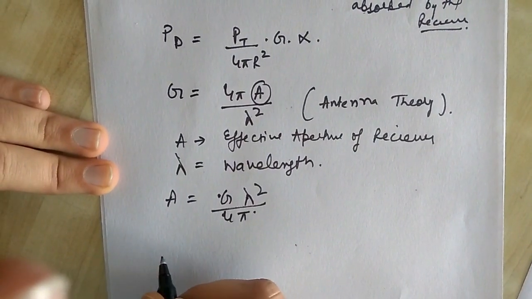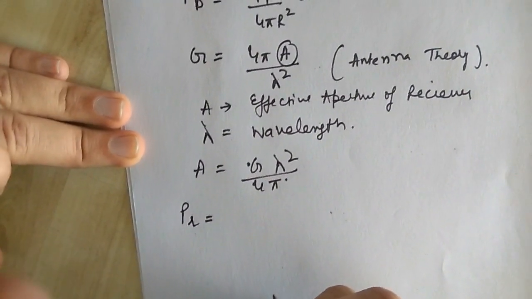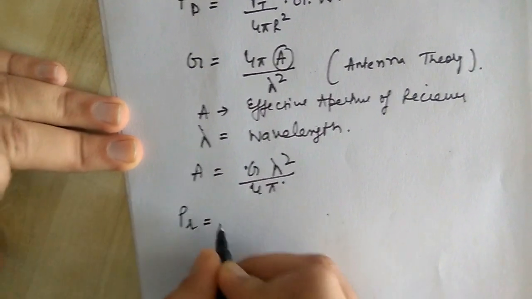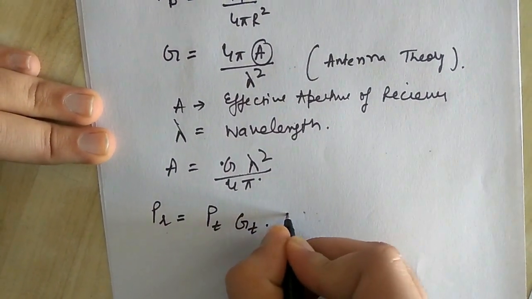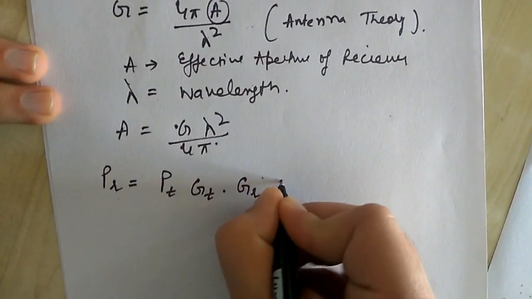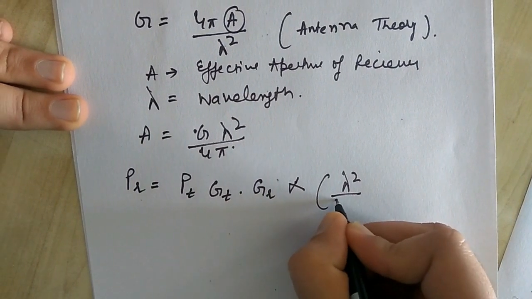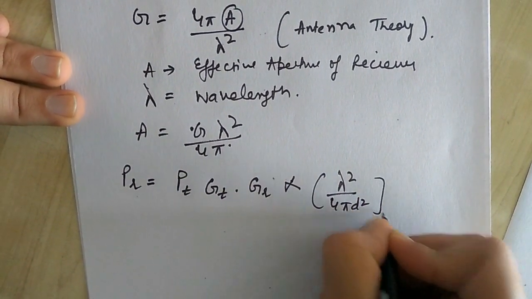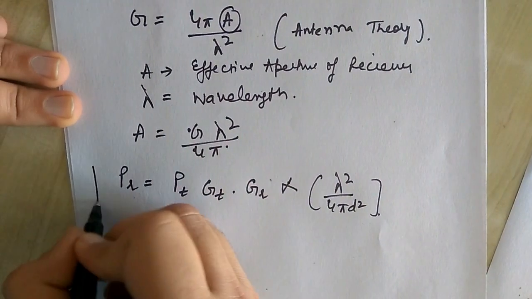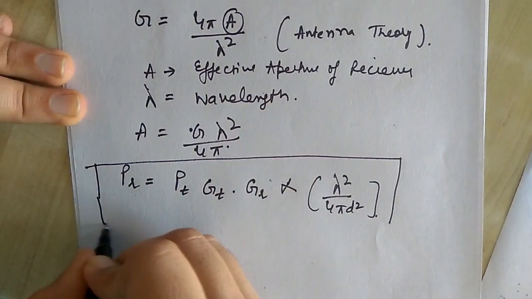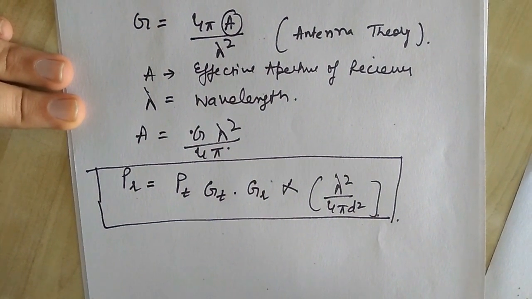If we take out the total power received by the receiving antenna, it is given by Pt into Gt into Gr into alpha into lambda square by 4 pi d square. That is the actual received power which is received by this receiver antenna using the antenna theory equation.